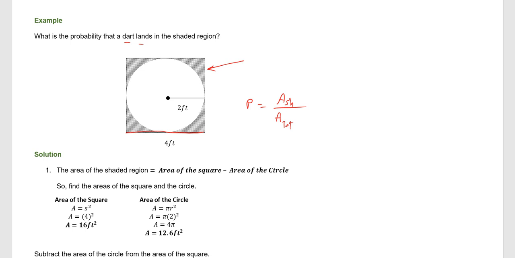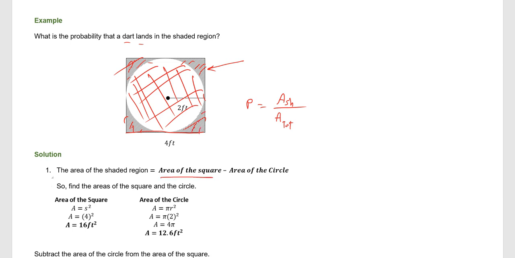In this case, the area of the shaded region can be acquired by taking the total area of the square and then subtracting the area of the circle, to get whatever is out here. That's how you get the area of the shaded region.